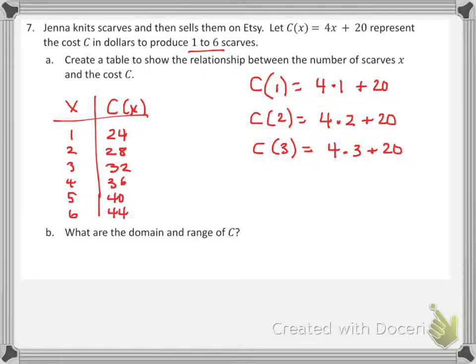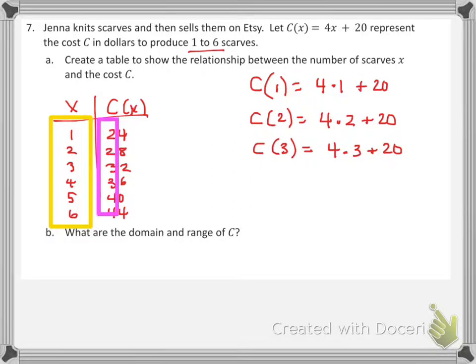So there's our table. What are the domain and range? Well, I won't write it again, but you could just write it or just recognize that the domain is the x value, the input. So that's the domain. And then the range, let me get a new color here, maybe. That'll work.